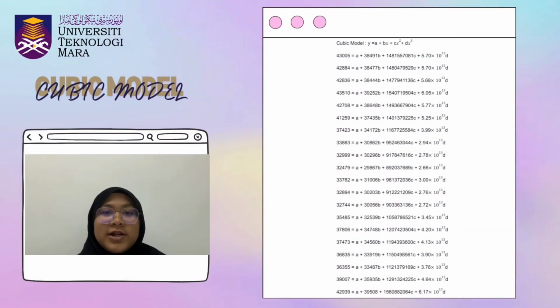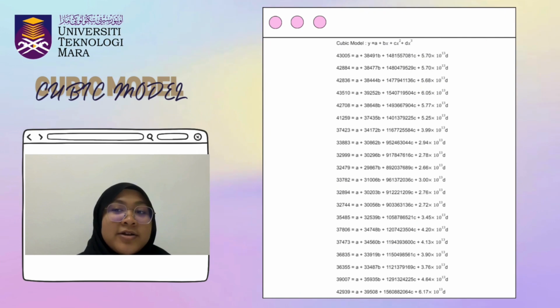My name is Nurul Adlin binti Cekman and I will present to you the cubic and quartic models. So we go for the cubic model. As you can see, we use the cubic model equation y equals a plus bx plus cx squared plus dx cubed. There are 20 data that we can put in this cubic equation, where y represents the number of deaths and x represents the number of crashes.